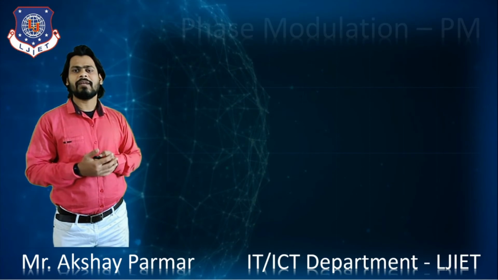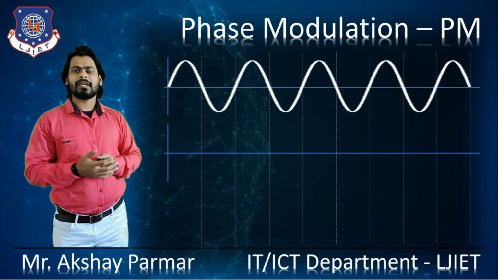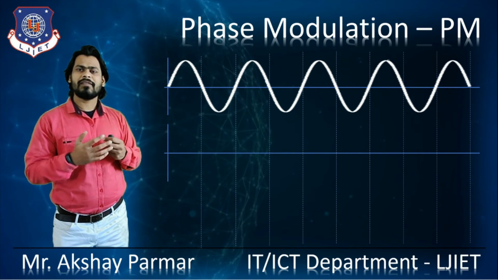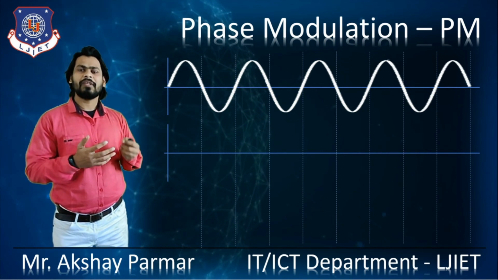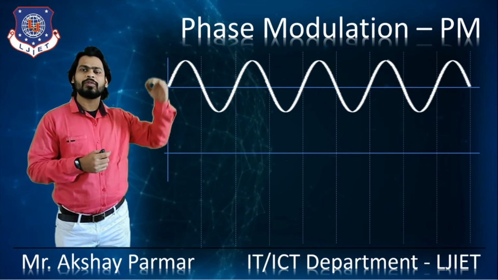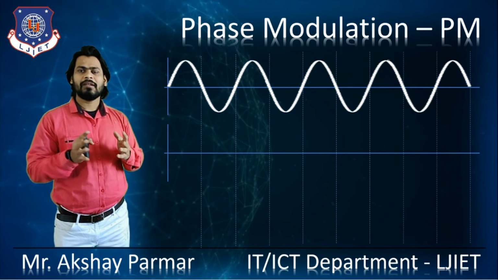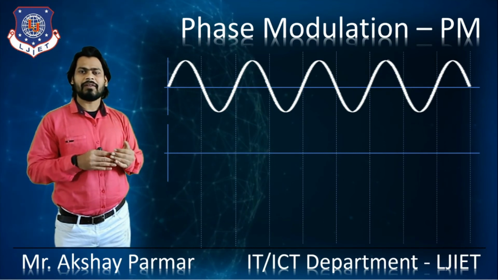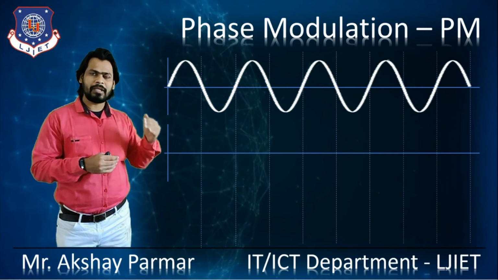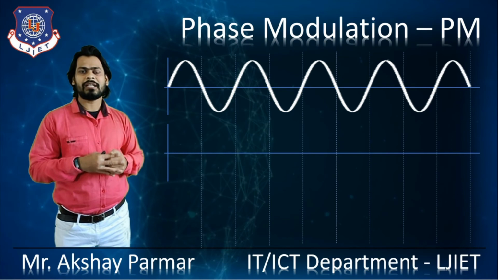So let's see it with one example. This is our input signal on which we are trying to do phase modulation. We are changing the phase of the carrier signal with respect to its amplitude only, right? Whenever the positive side of the signal is encountered, we use one kind of phase, and whenever the negative side of the signal is encountered, we use a different phase, right?